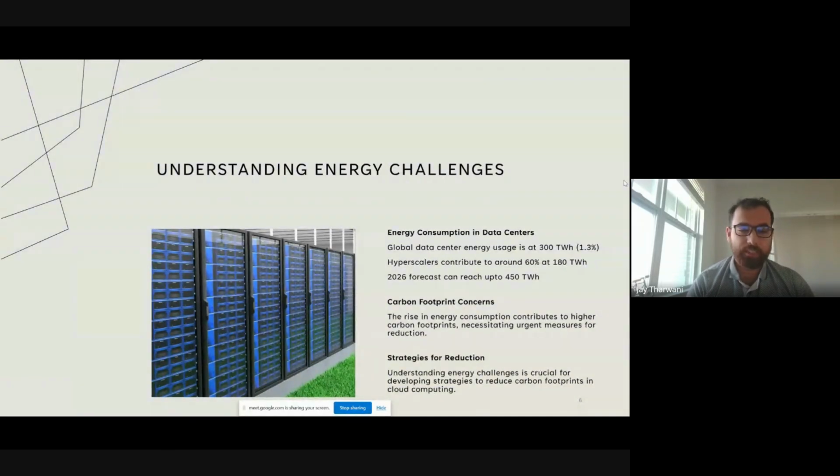Just to give an analogy, it's a pretty big number, right? And it is bound to grow. And remember that this number only covers servers being operational for businesses, that's it. So that's what we have in terms of energy. Any questions on this slide?